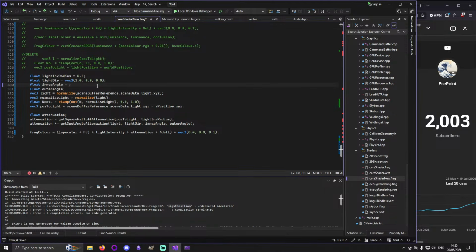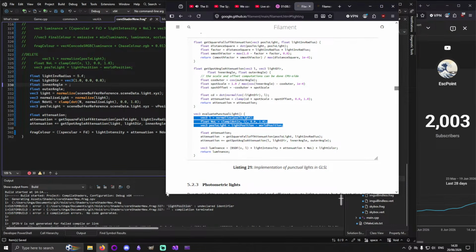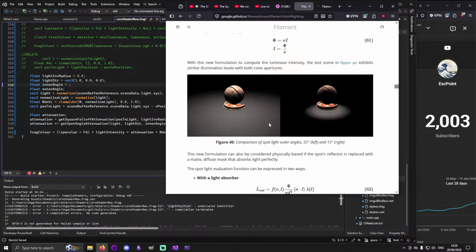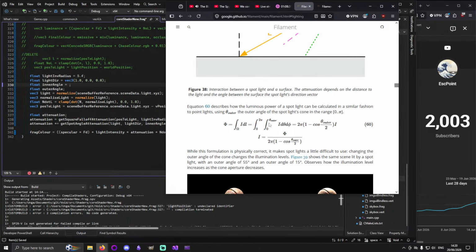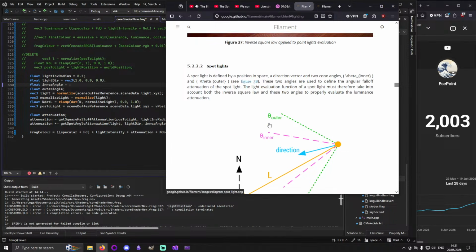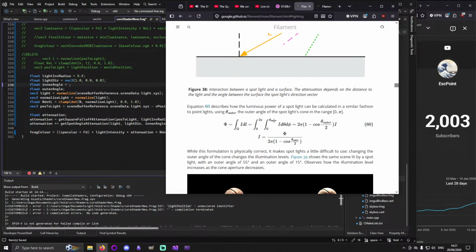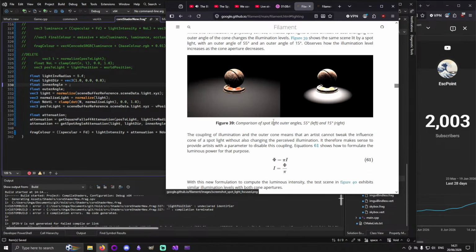This would be smaller than the outer angle, so let's look at the filament again. But I'm going to look further up, right? So it has, I think, inner and outer. Does it have an example? Okay.